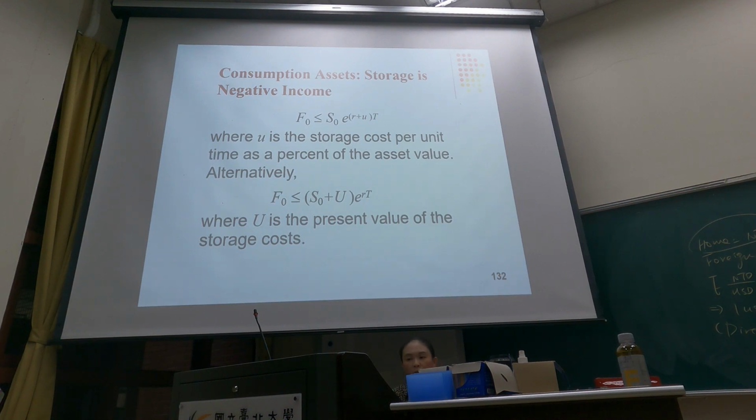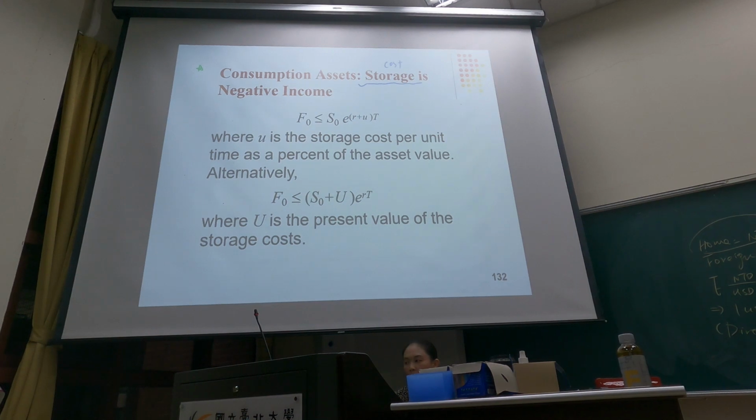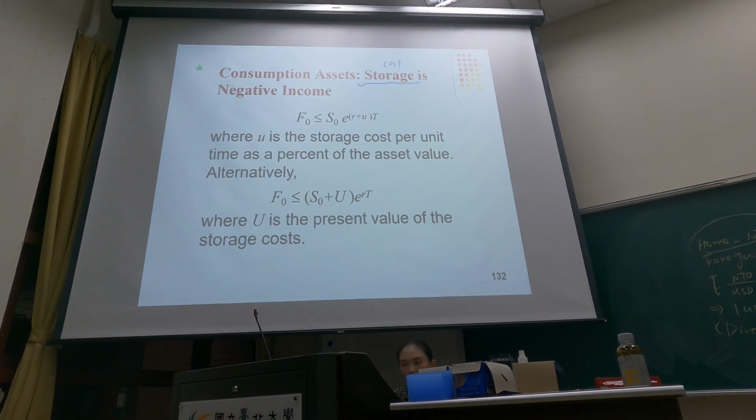Finally, we go to the consumption asset. At the beginning, I already mentioned this. For a consumption asset, because the hedging position has less negotiation power, the futures price is lower or equal. Secondly, when you have storage cost, can you write down this is a cost? Like transportation, or storage, or keeping the asset with different equipment. In that case, it will incur some cost. When there is a cost, it's positive in your pricing model.